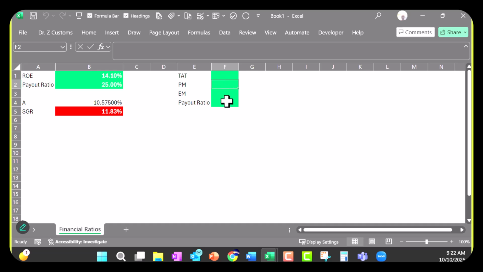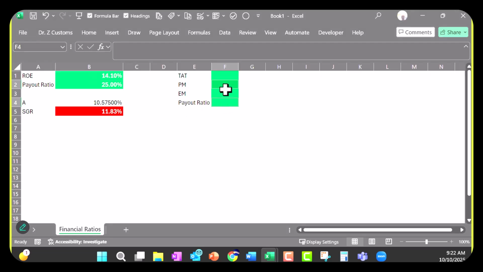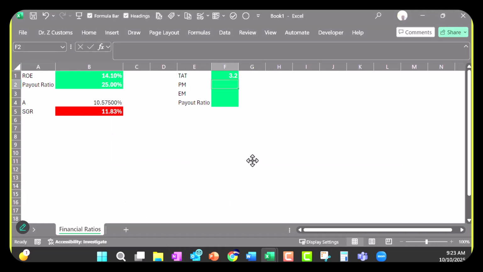These are percentages. 320, 52, 0.95, and 35.